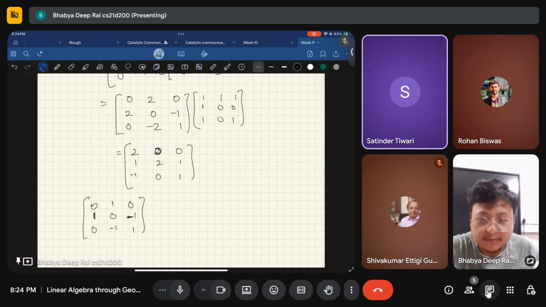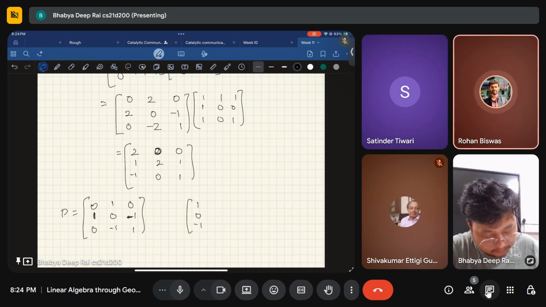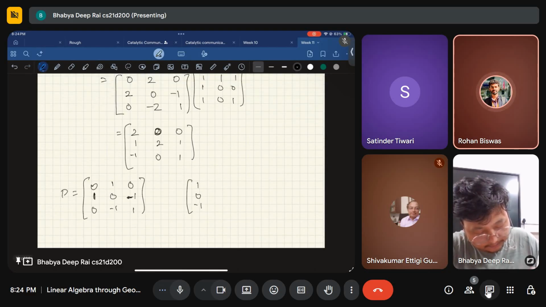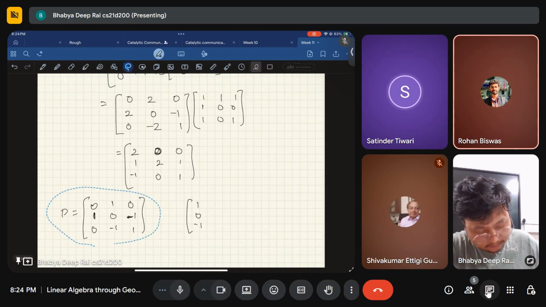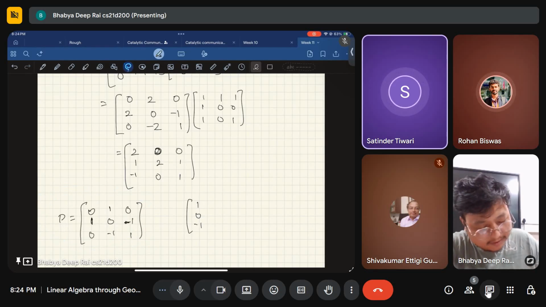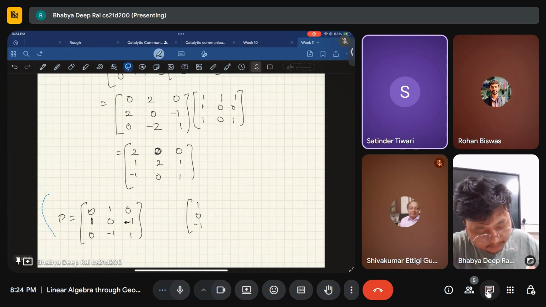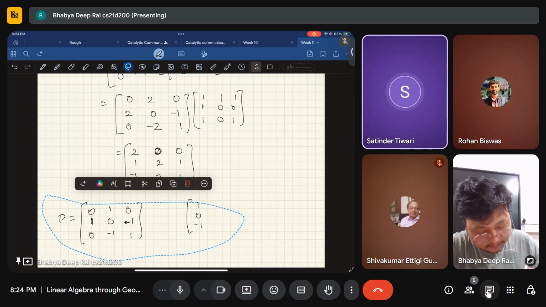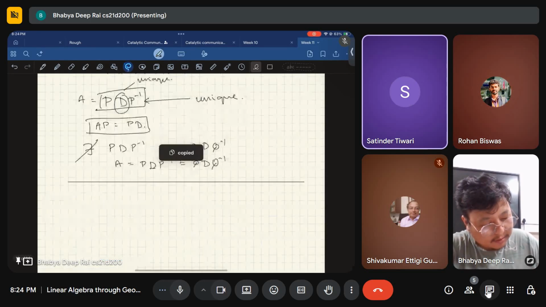Oh, you mean column-wise? Yes, column-wise. This is P. I can write this P like this also, with 1, 0, minus 1. Can you write the D along with it, sir? It will be easier to understand. For this particular P, can you write the D? Okay, D will be 2, 0, 0, and so on. Yeah, the D along with that. Just a sec.